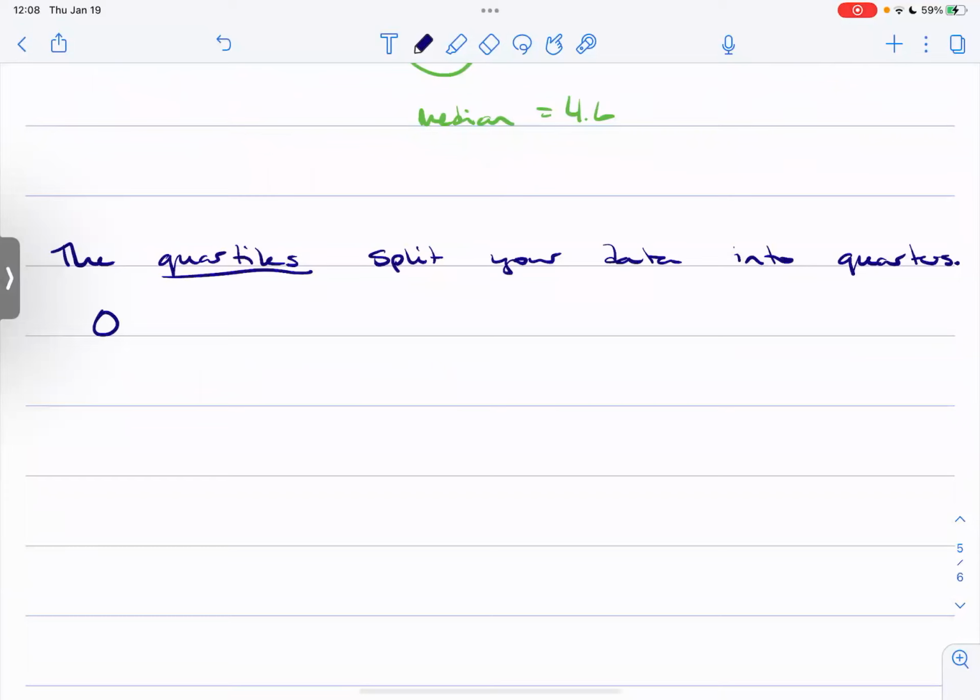We use the notation Q subscript 1 as the first quartile. We have 25% of the data below it and 75% of the data above it.